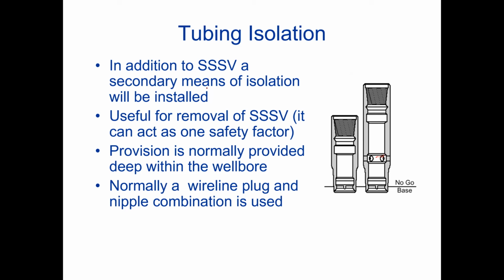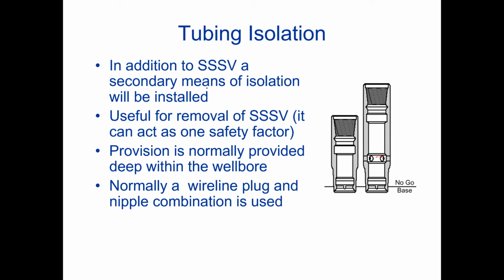So the tubing isolation provides a facility where we can put a plug inside and therefore close the tubing. Normally, it is provided at the very end of the tubing.